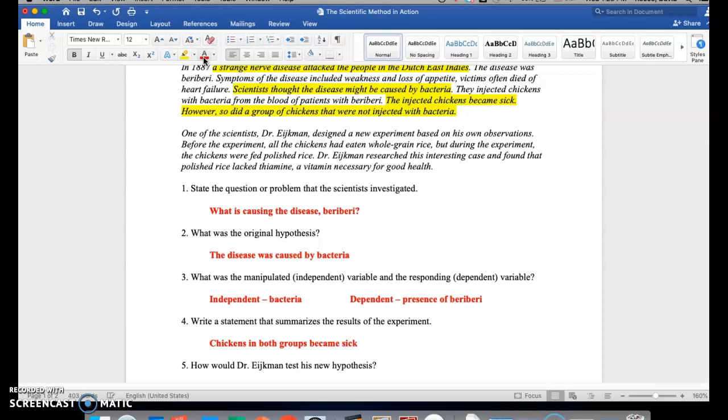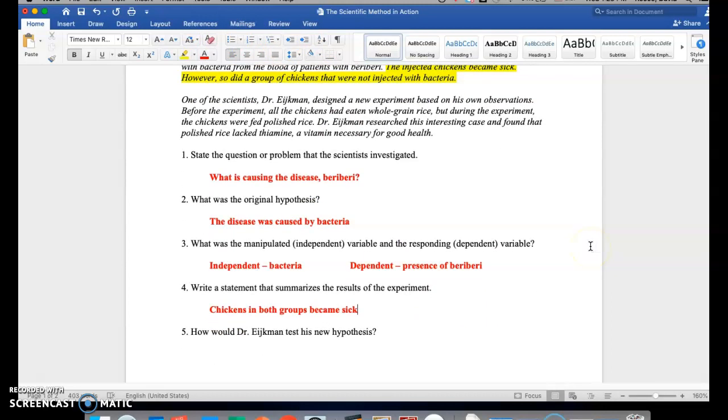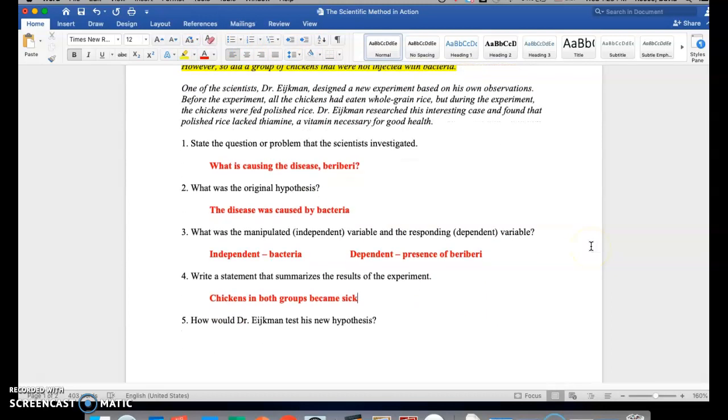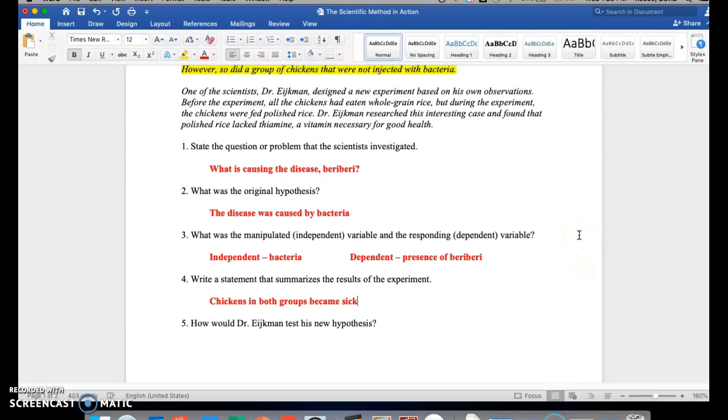Okay, that was their results. So if we were to conclude from that, we could say that the bacteria was not what was causing the illness, since the group that didn't get the bacteria still got sick, or at least some of them still got sick.